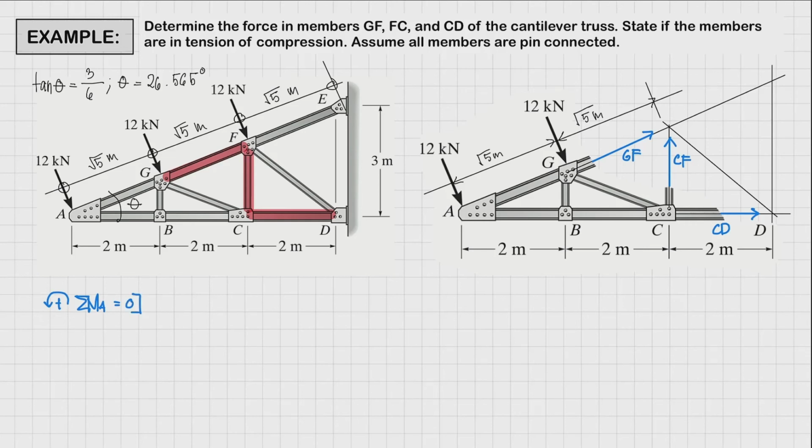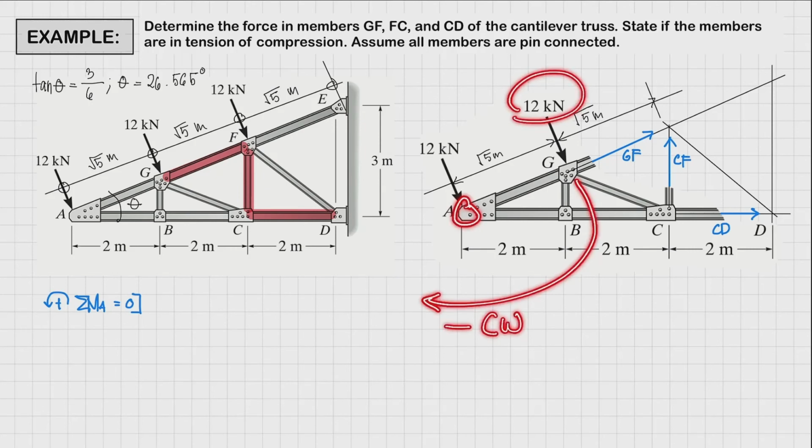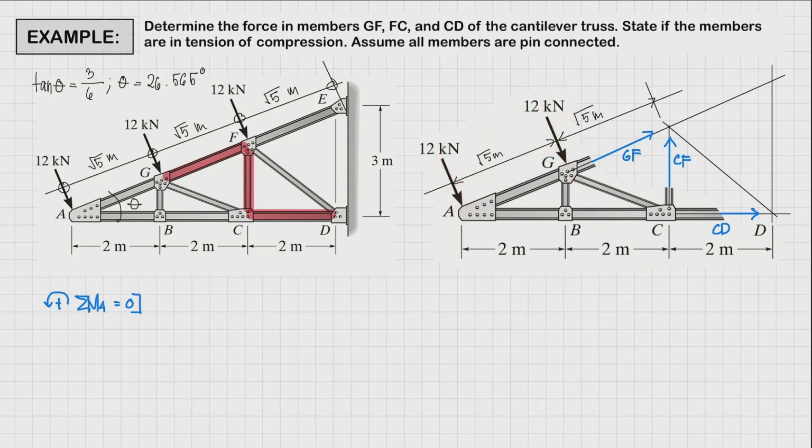Alright, so let's start with our force, applied force, 12 kilonewtons. So it's going to rotate on a clockwise direction, so that's going to be negative. And then for the perpendicular distance, it is going to be square root of 5. So we have here negative 12 times square root of 5.